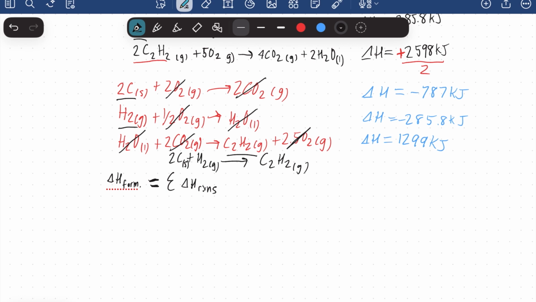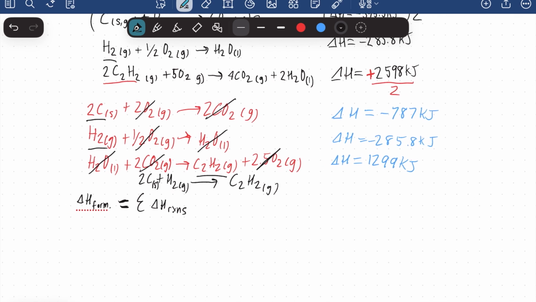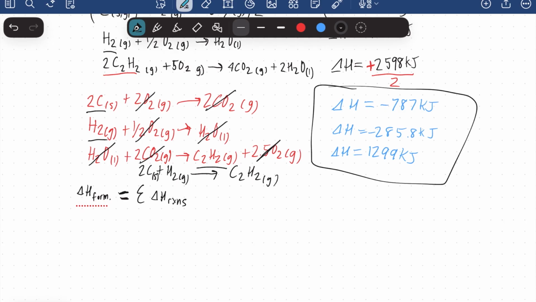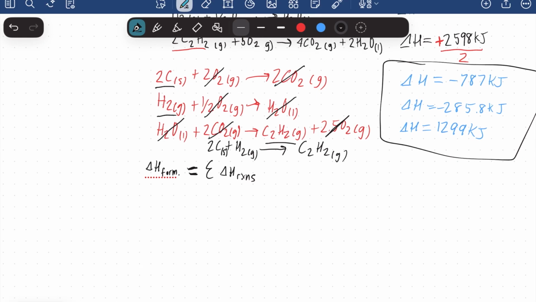So, now that we've done that, we can take our new changes in enthalpy that we've calculated and use this equation where the change in enthalpy of formation of acetylene is going to be equal to the sum of all the change in enthalpies of all the reactions we are provided.